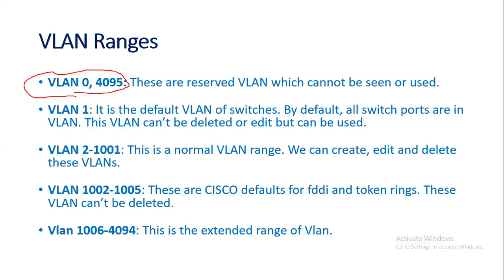The last one is 1006 to 4094, and this is the new extended range of VLANs that you can use as normal VLANs. So that is the VLAN range: 0 to 4095, VLAN 1, 2 to 1001, 1002 to 1005, and 1006 to 4094. That is the overall VLAN range you can use.